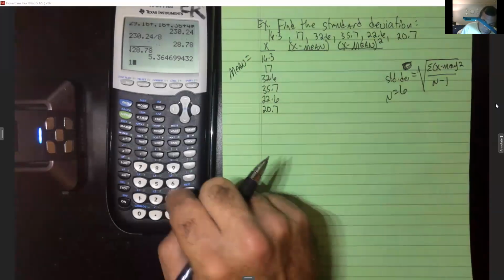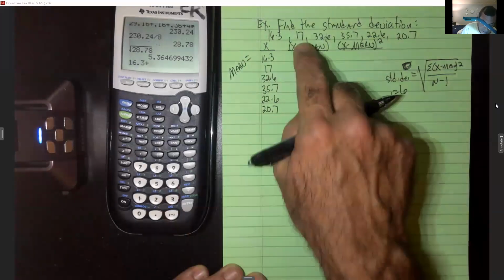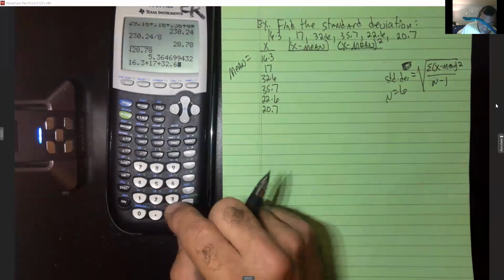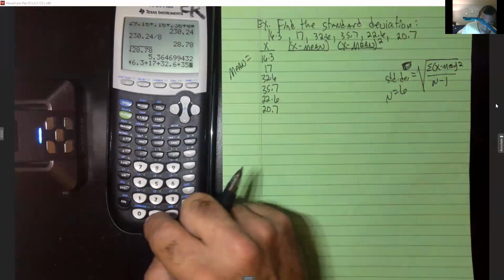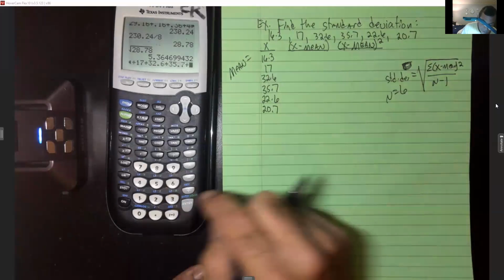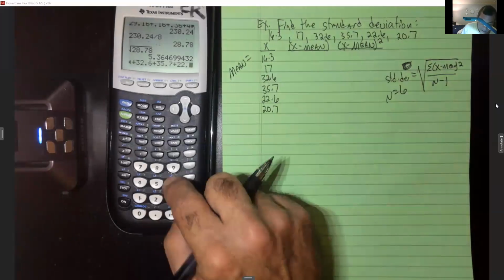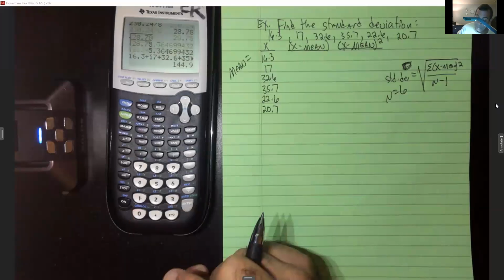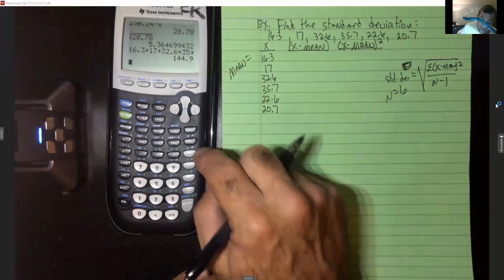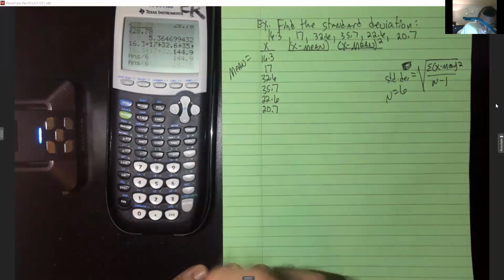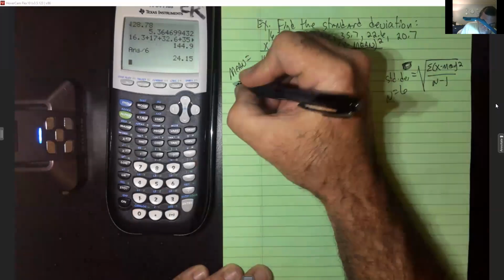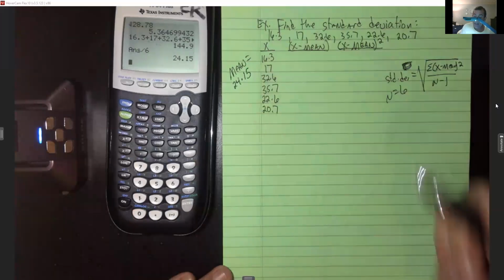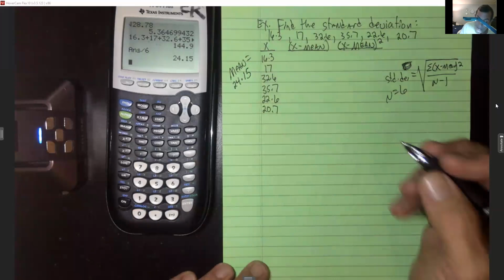So 16.3 plus 17 plus 32.6 plus 35.7 plus 22.6 plus 20.7 equals 144.9, divided by 6, which gives me a mean of 24.15. So that's my average. I added them all together and divided by 6.